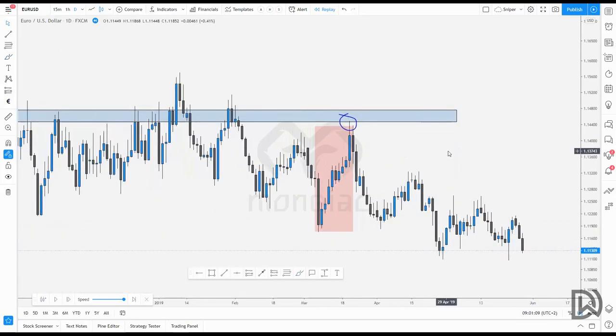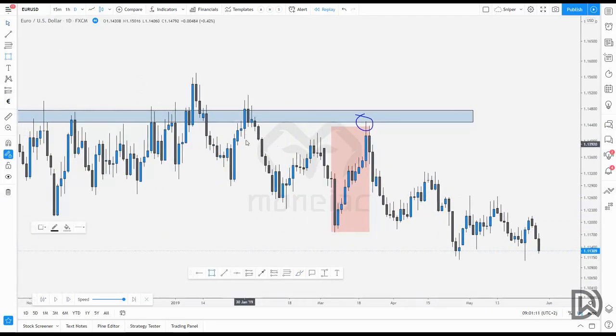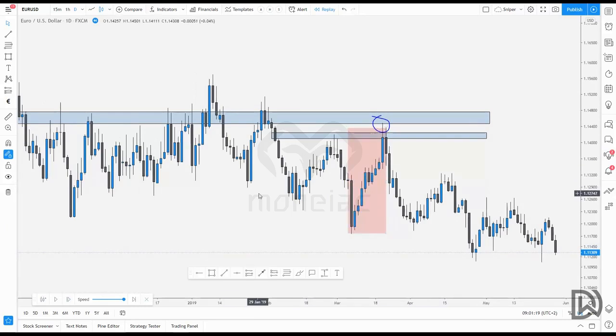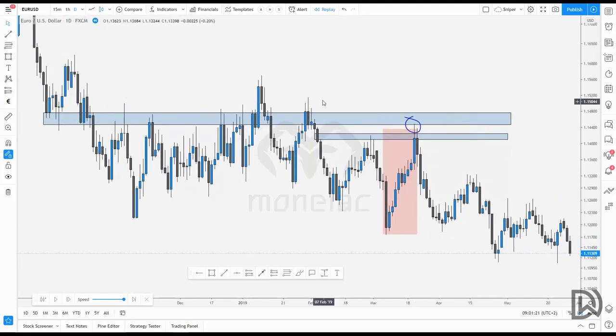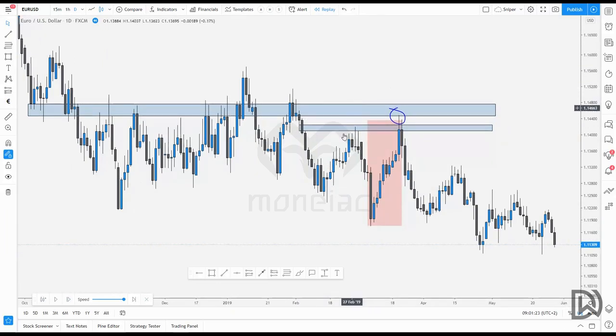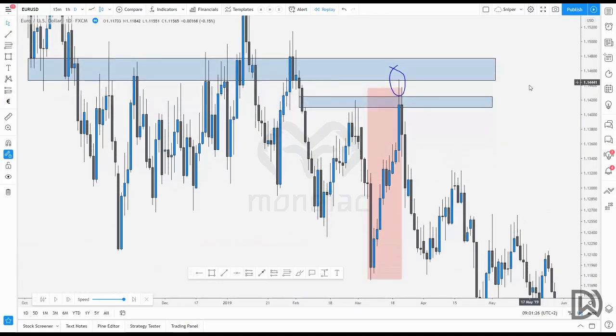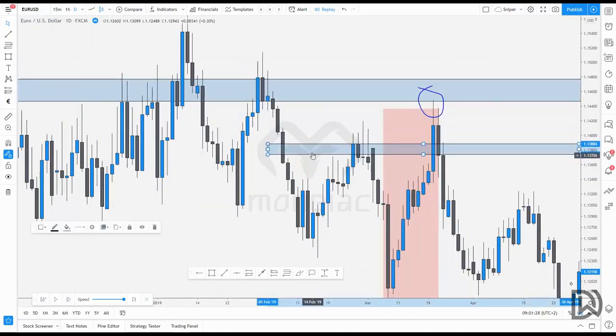We have something else here as well on the daily. There are different names for it, but just call it imbalance. I think that's what most people call it. Imbalance is basically an area where we have this wick and we have this wick, and price has not traded into this area.